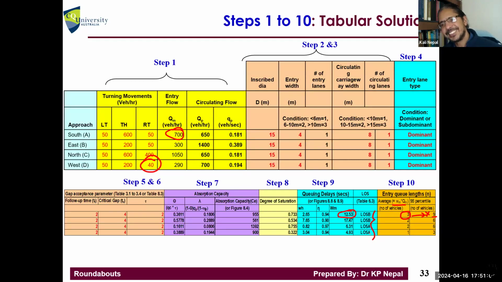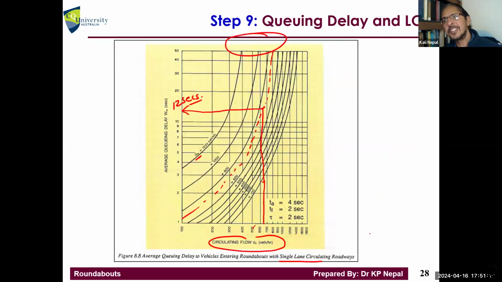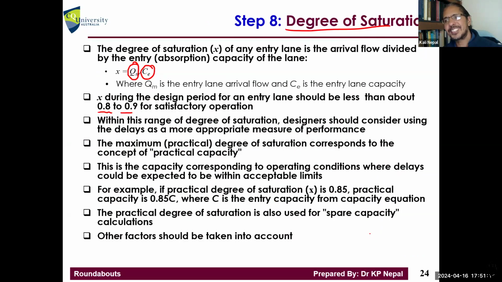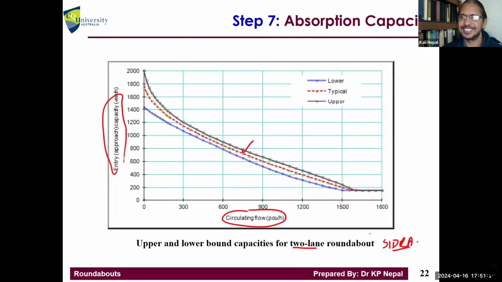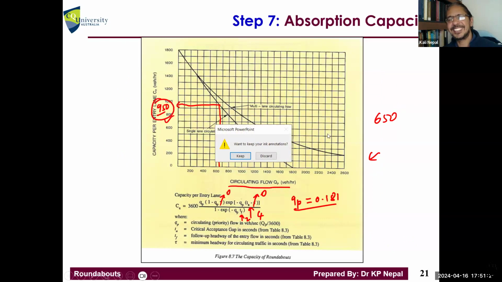All right. I think that's it for roundabout. That's how we analyze the roundabout. Follow the steps, and our job is to find the queue length as well as the level of service. Any questions for me? No? All good? All right.